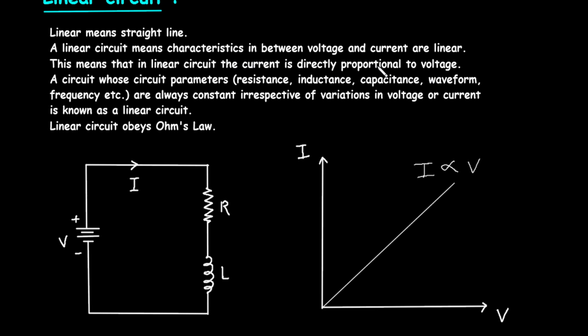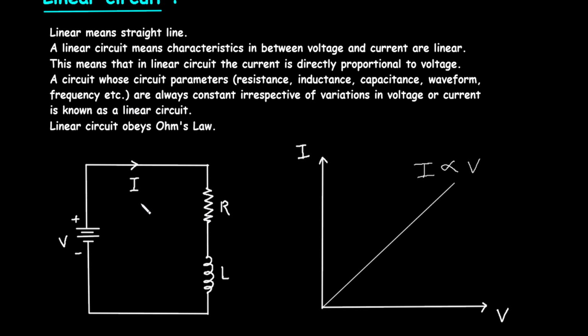Now what is meant by proportional? As we increase the voltage, current also increases. A circuit whose circuit parameters, which are resistance, inductance, capacitance, waveform, frequency, etc., are always constant irrespective of variations in voltage or current, is known as a linear circuit.